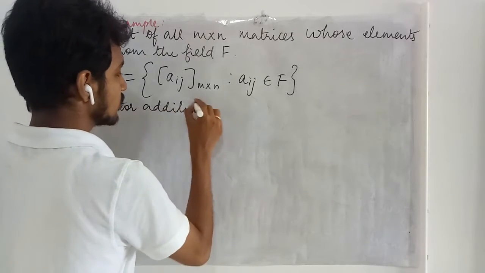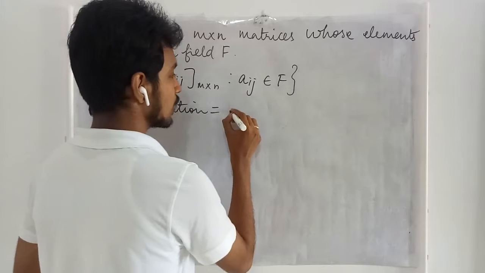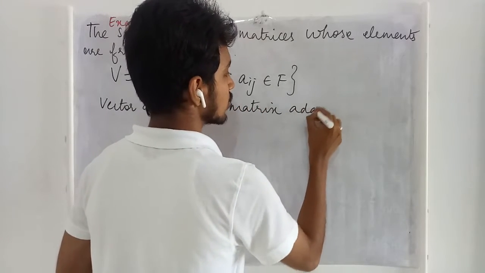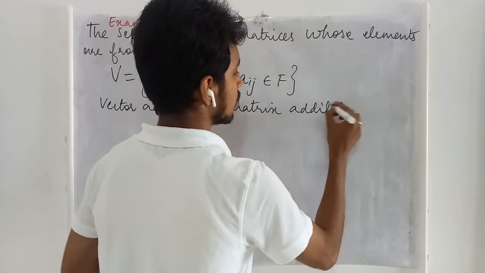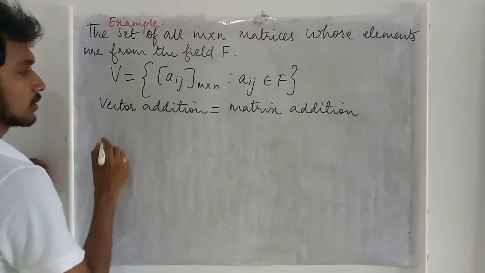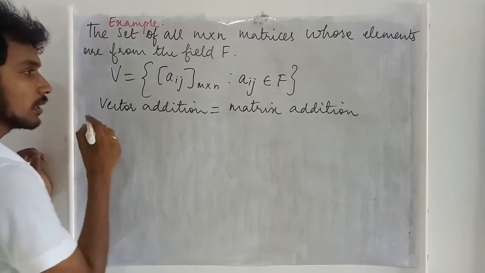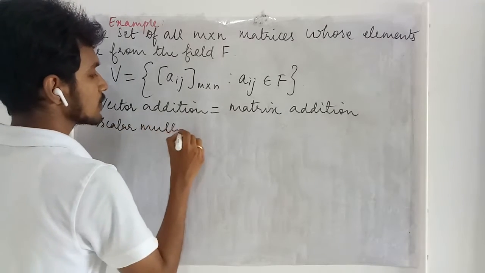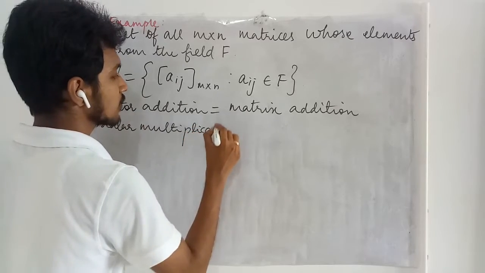The vector addition here is the usual matrix addition, that is, term-wise addition is going to be the vector addition in this case, and the usual scalar multiplication of matrices is going to be the scalar multiplication in this case.